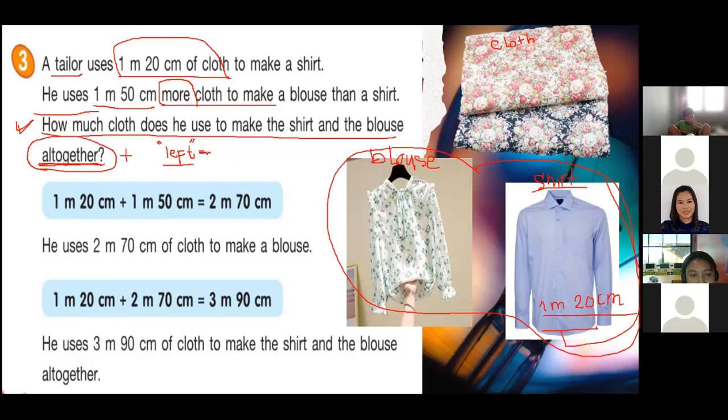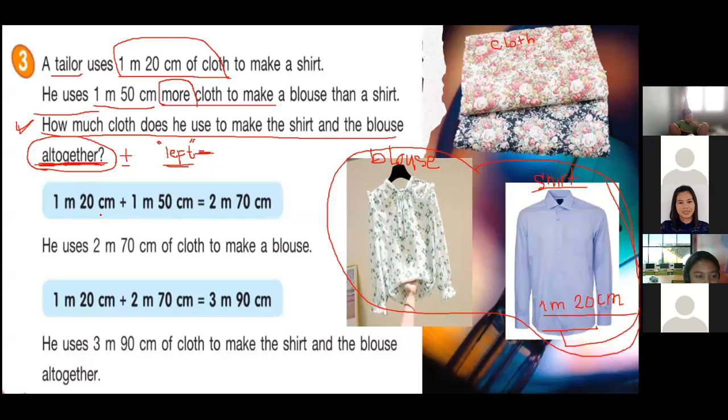Okay, all together you will use the plus. If left, you use minus. Now, the keyword here is all together, so we just have to add, or plus it together.